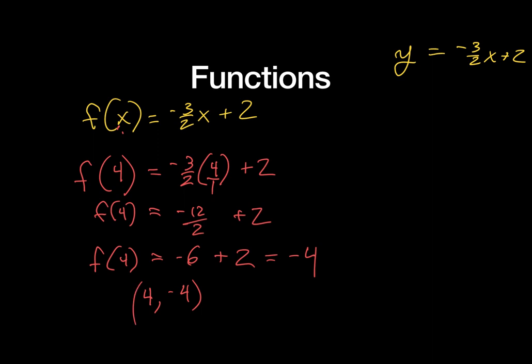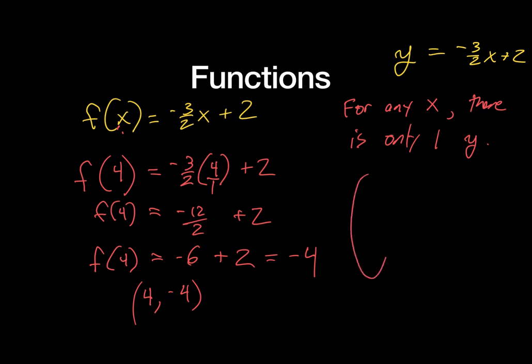But more specifically, a function means that for every x, or for any x in the equation, there is only one y. Or in other words, no matter what I put in here for an input, this equation is going to give me only one output.